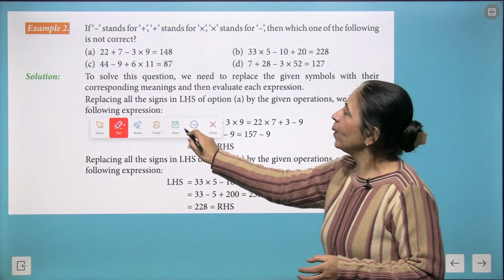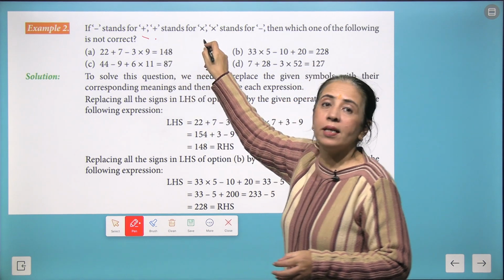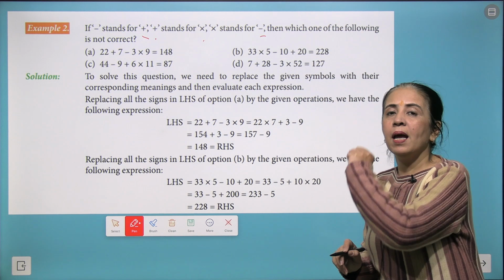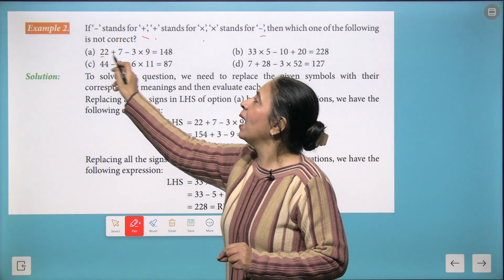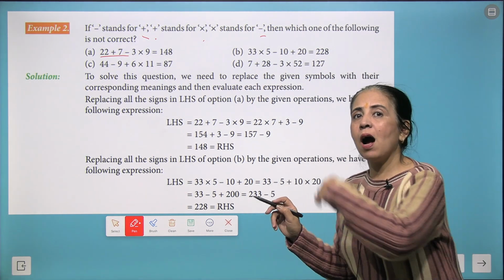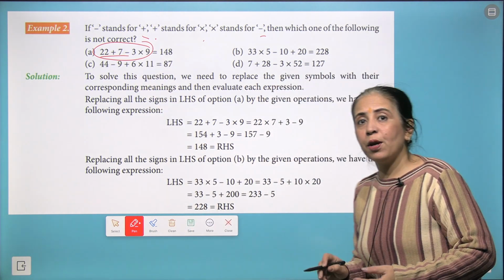Now we have the next question here. Minus stands for plus. Plus symbol indicates multiplication, and multiplication indicates the minus sign. And the question is which of these is not a correct answer. That means after changing the sign, you are going to solve the left side of the equation.